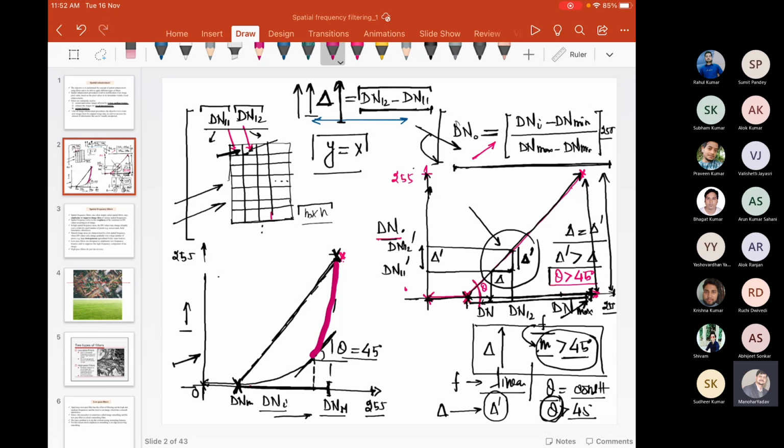For the given exponential function, for what DN input range is theta more than 45, and for what DN input range is theta less than 45? In this part, theta is less than 45 degrees, while for this part, theta is greater than 45 degrees.